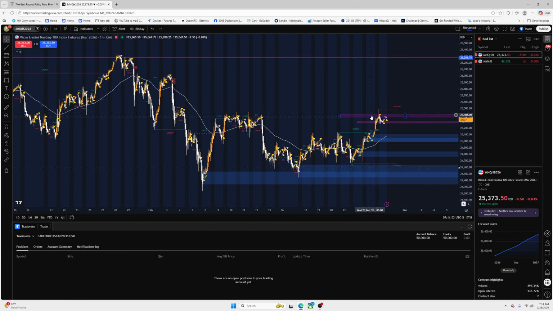Like I said, price rejects off of here again, because it looks like it couldn't get past multiple times, 1, 2, 3, 4 times before it went back down. And then price has now come back up to the zone.